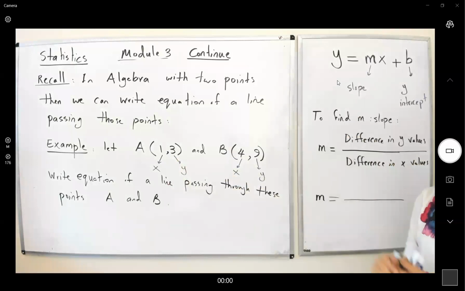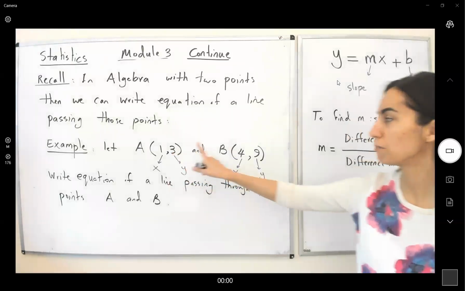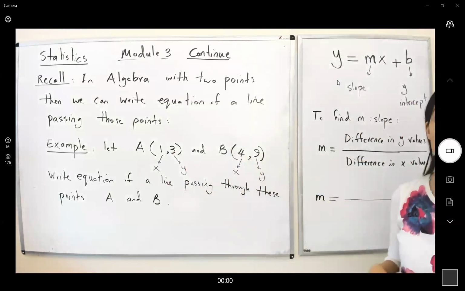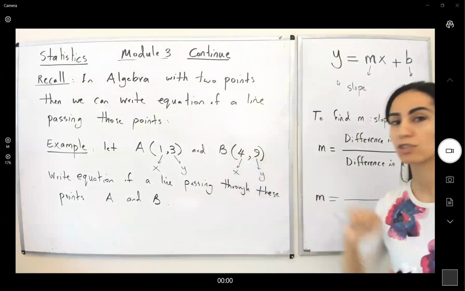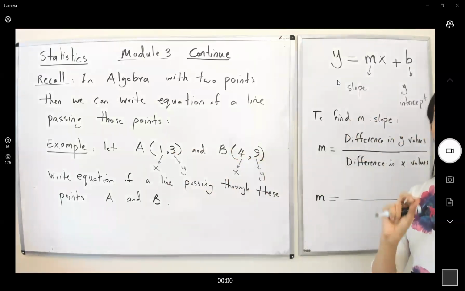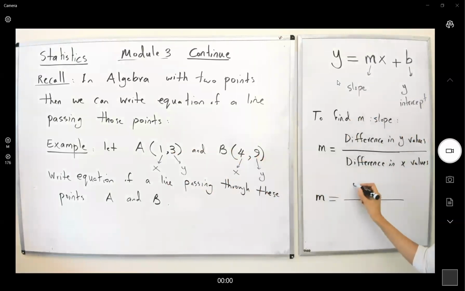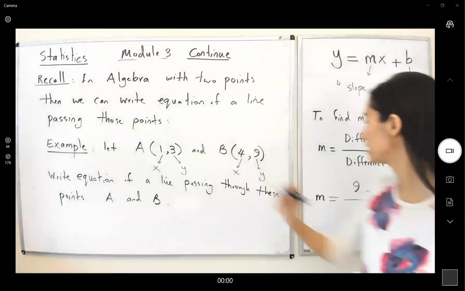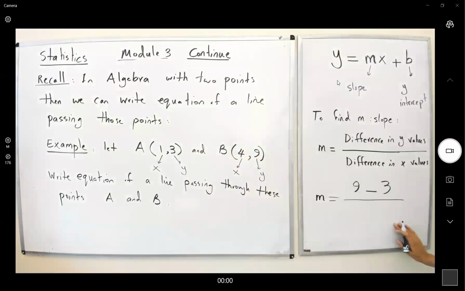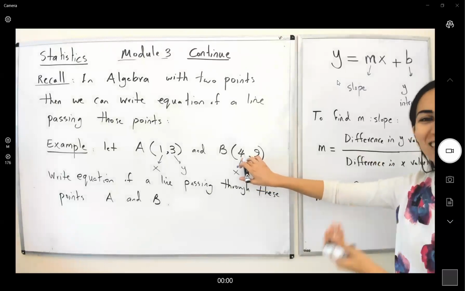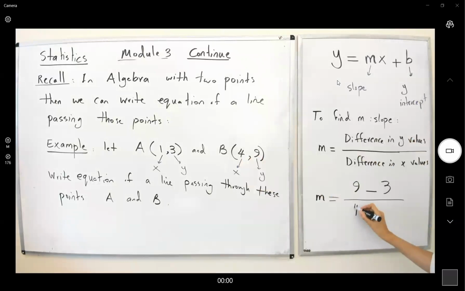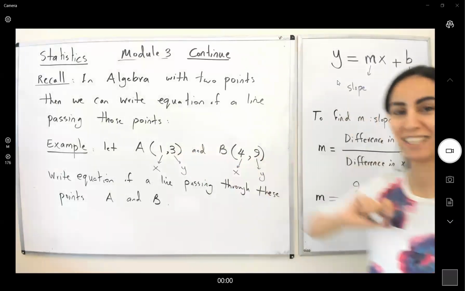You have to stick to that. I'm going to subtract 3 from 9, so I'm going to start by writing the second point first. So 9 minus 3, divided by the difference in x values. Since we started by writing 9 first, we have to start with the first coordinate of the second point first. So it's going to be 4 minus 1.